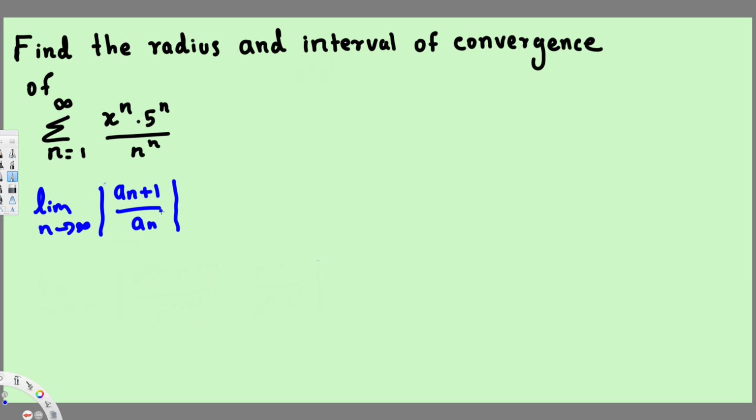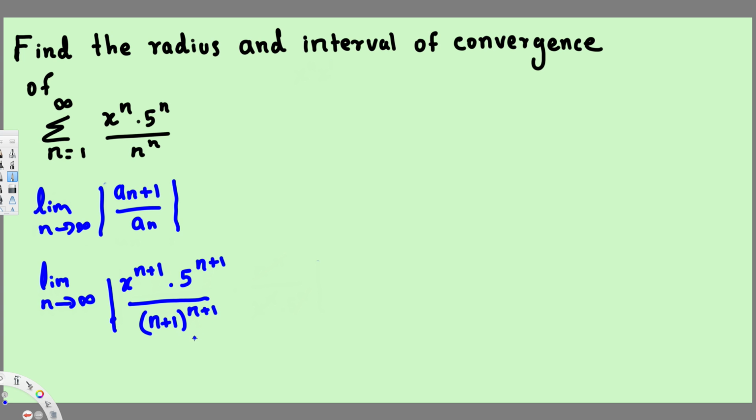Now a_(n+1) is basically that we just add one more to n wherever we have n, right? So here we have x to the power n, so that's going to be the limit as n approaches infinity of x to the power n plus 1, and then we have 5 to the power n plus 1, and in the denominator we have n here too, so that's going to be n plus 1, and in the power also we have n, so this is going to be again n plus 1, and this is what we are going to have.